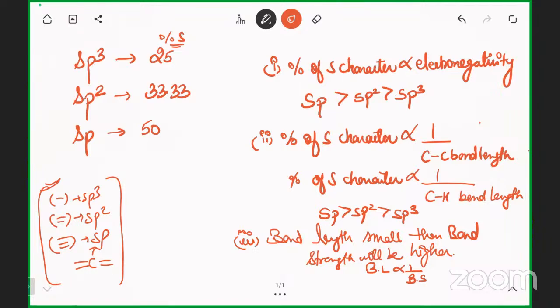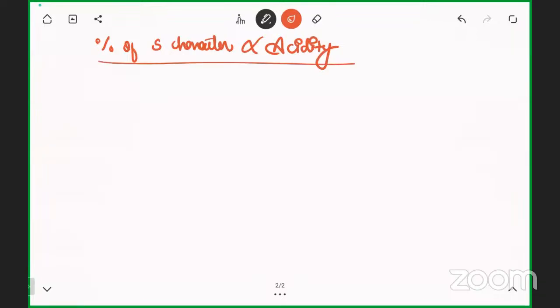And the last one you have to remember is the percentage of S character. Okay, can anyone tell me about the acidity? I'm saying percentage of S character is directly proportional to the acidity. Percentage of the S character is directly proportional to the acidity.